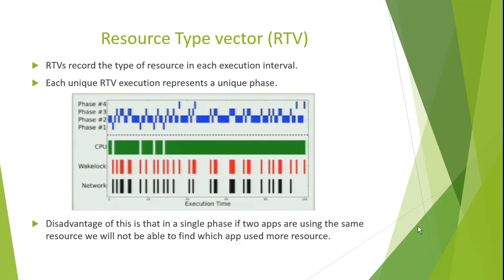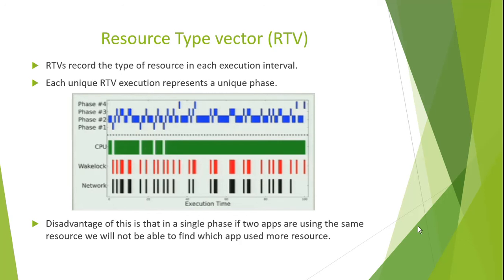But this method has a problem. If at a particular timestamp two phases are using the same resource, we will not be able to figure out which phase is using more of the resource and which phase is using less.